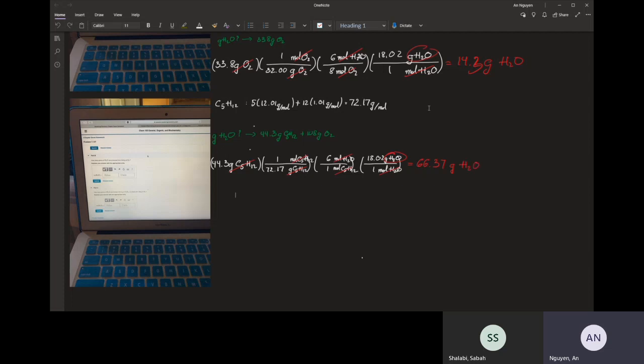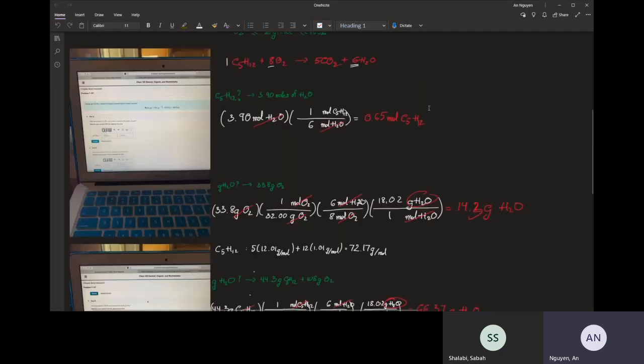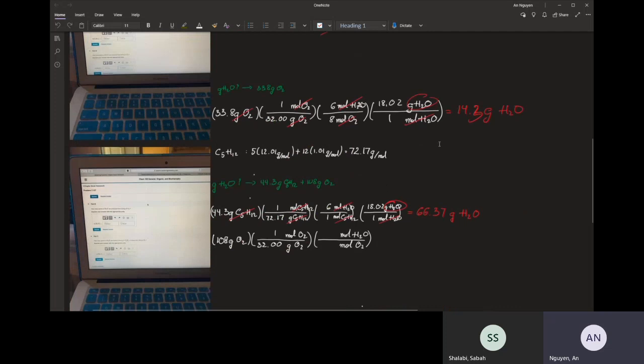Now we have to do the same process with the other reactant, which is 108 grams of oxygen. First we convert grams of oxygen to moles of oxygen, and 1 mole is 32.00 grams from the periodic table. Then we convert that to moles of H2O per mole of oxygen from the balanced equation: 6 water for every 8 O2.